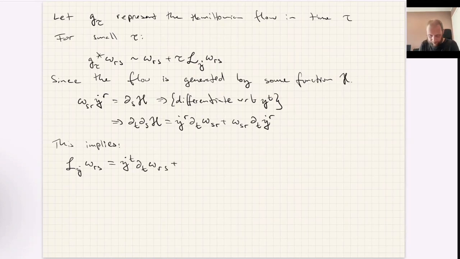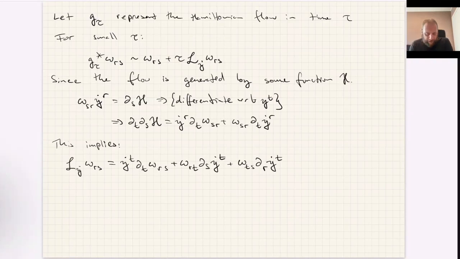So I have a plus omega, let's see, d_r^t and then d_s y dot^t, right? Plus omega, and then we get the t here, ts d_r y dot^t, right? That's just applying the Lie derivative in general to a rank 2 tensor.